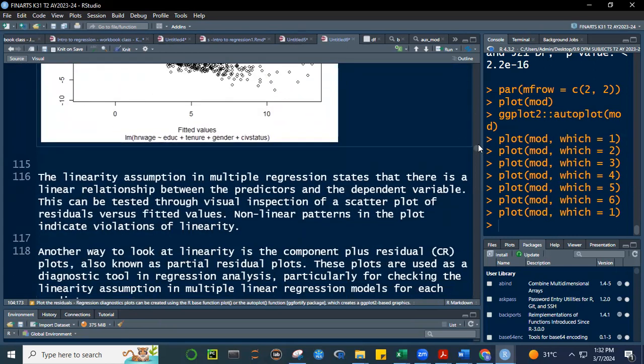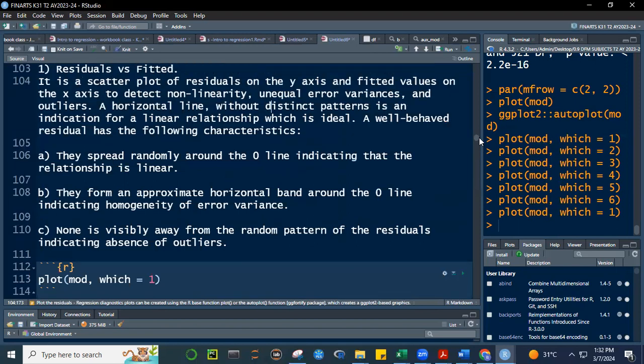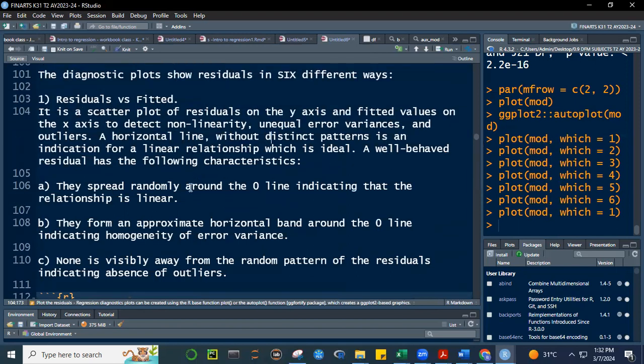All right? So, sabi natin dito, a well-behaved residual has the following characteristics, no? Yung line niya should be around the zero line, okay, to indicate that the relationship is linear. Dapat horizontal siya, no?